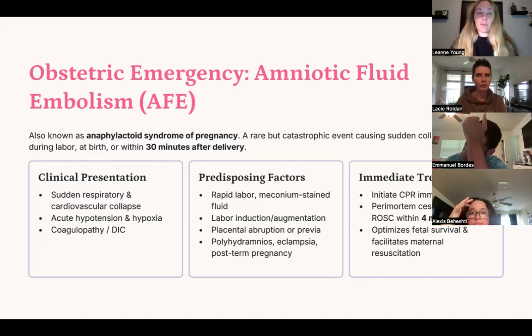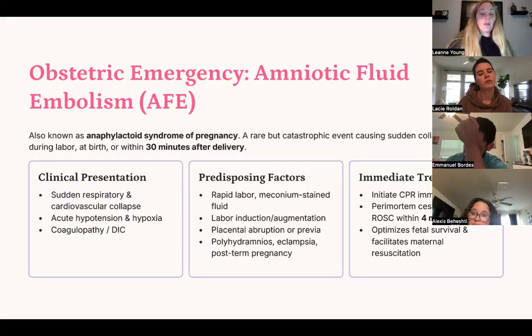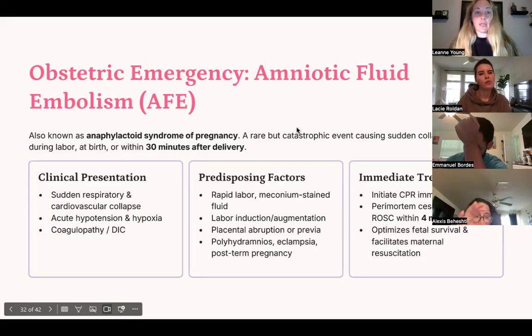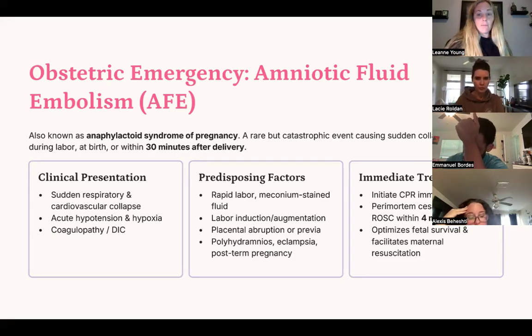What puts patients at a risk for an amniotic fluid embolism? If they have rapid labor, so a precipitous labor, meconium stained fluid, sometimes labor induction and augmentation can be predisposing factors, and abruption or previa, and then polyhydramnios, eclampsia, or post-term pregnancy. So any type of risk factor can lead to an amniotic fluid embolism.